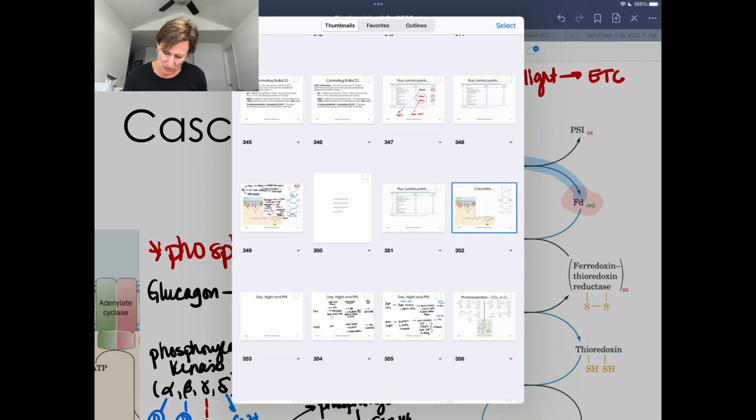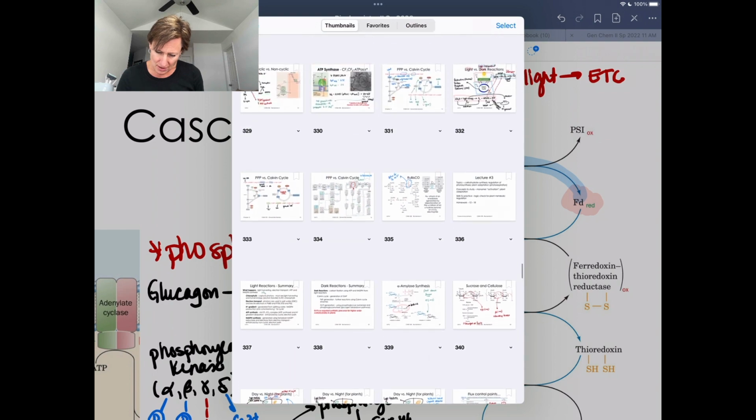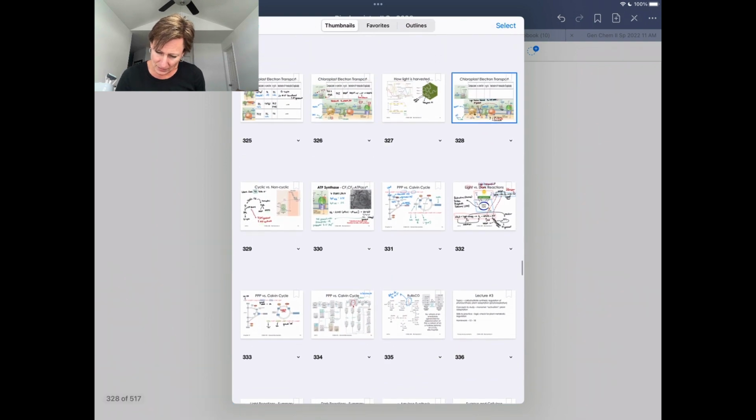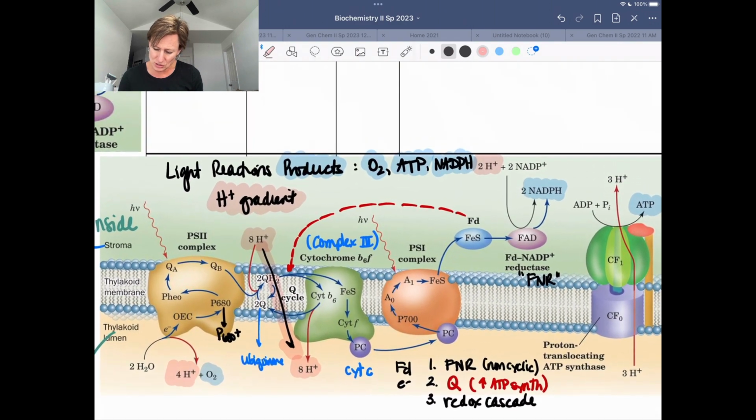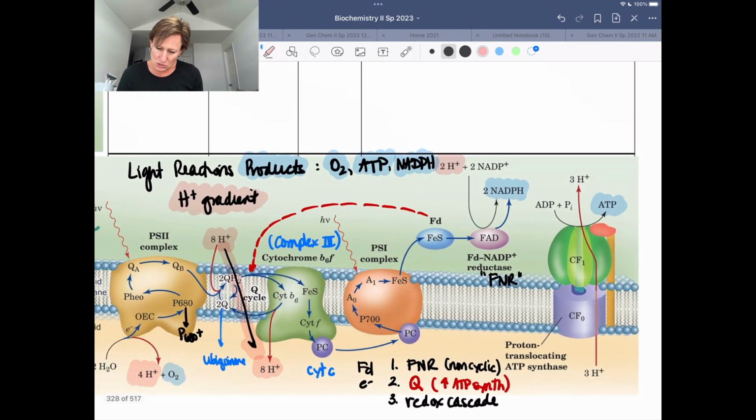I'm going to flip back for a second because I think this will be helpful. This was from a previous video, but looking at the options for ferredoxin might help. Here's ferredoxin. Ferredoxin has the ability to take its electrons over to FNR. So here are our options.